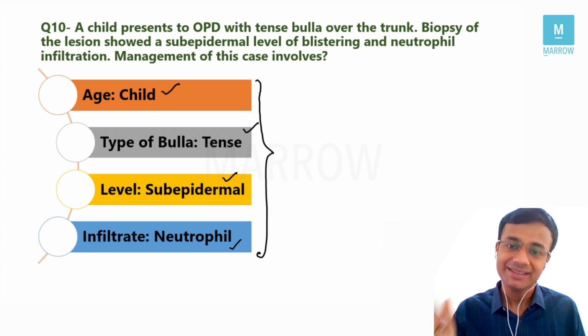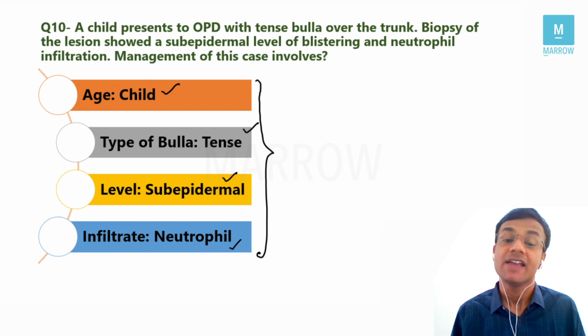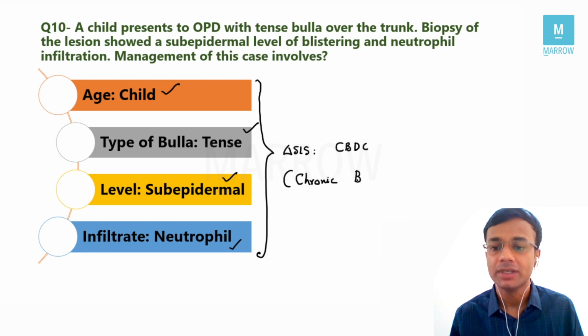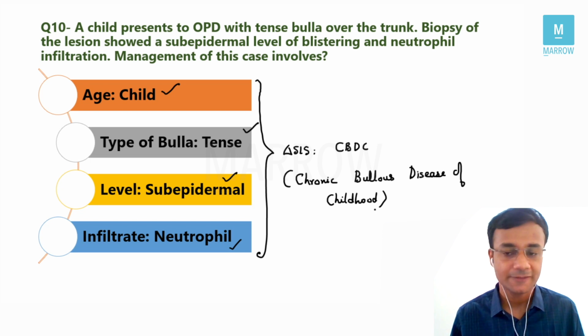So now, among the subepidermal blistering disorders, which one is usually seen in children? The diagnosis becomes CBDC. CBDC stands for chronic bullous disease of childhood. So chronic bullous disease of childhood is the diagnosis.